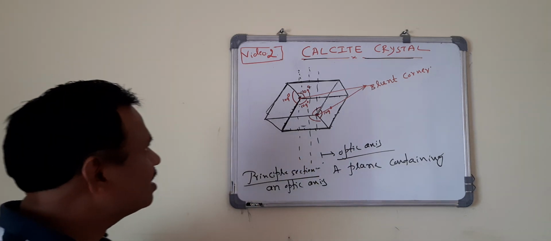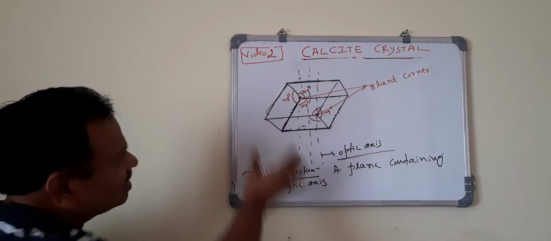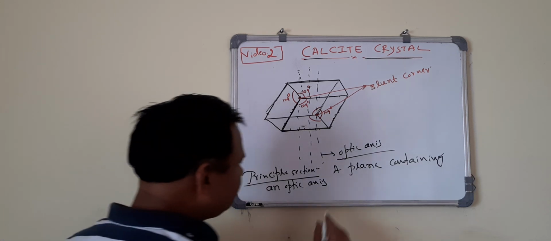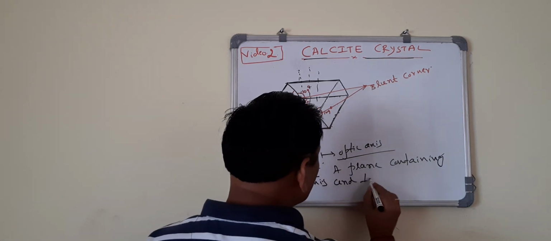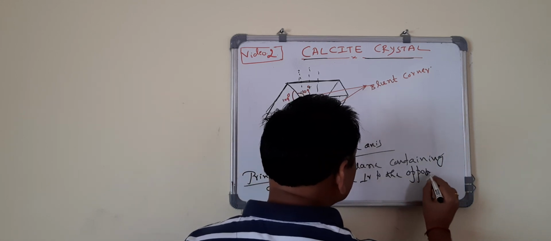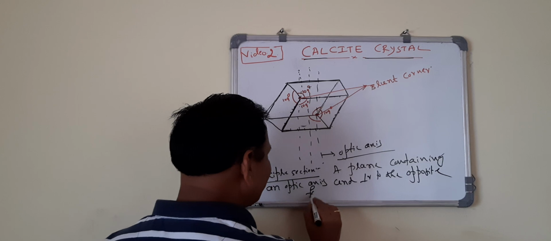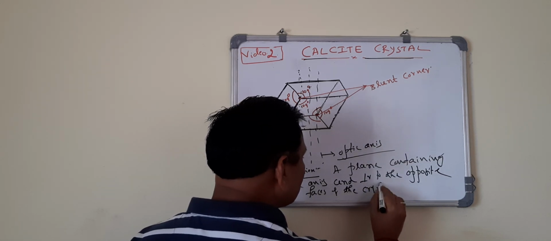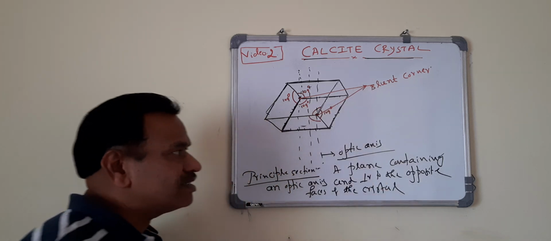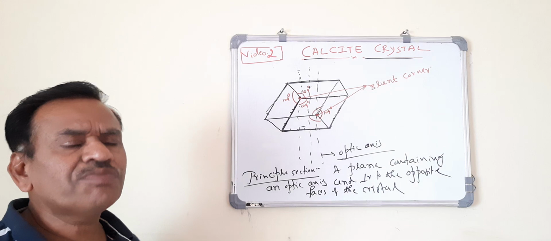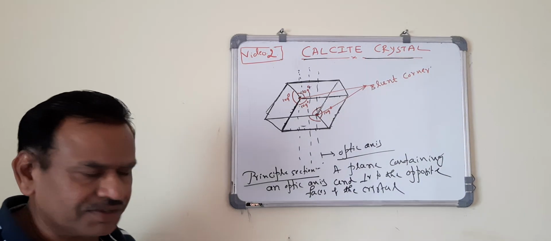A plane, you should cut the crystals as that. Like this, you chop it. A plane containing the optic axis and perpendicular to the opposite faces of the crystal is called principal section or principal plane, they will call it as.